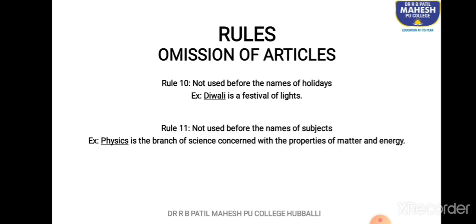Diwali is a festival of lights. Next up: no article is used before the names of subjects. So physics, chemistry, biology, mathematics, English, Kannada, etc. Before the name of a subject, keeping the is incorrect.